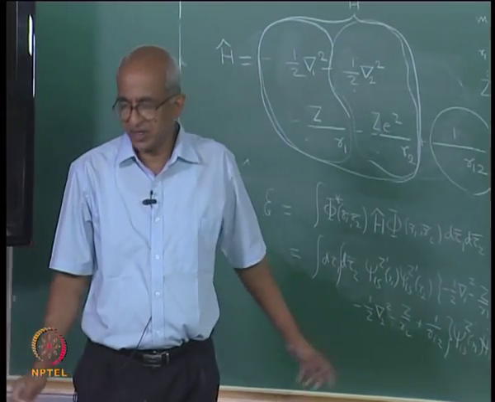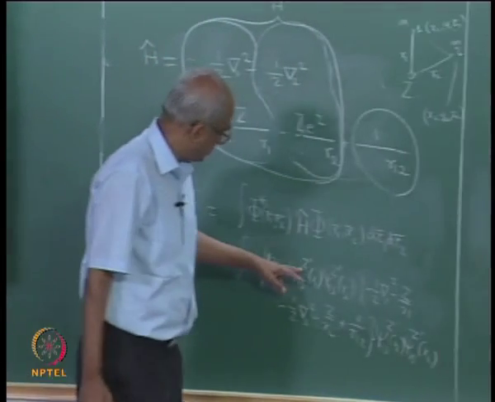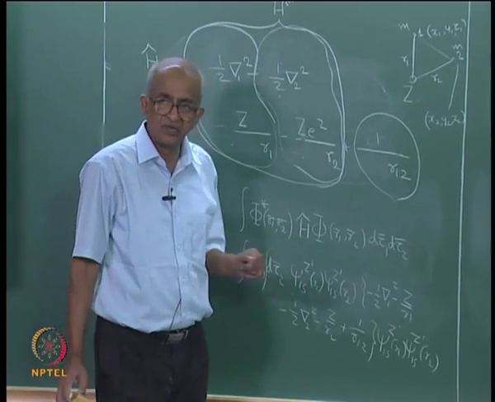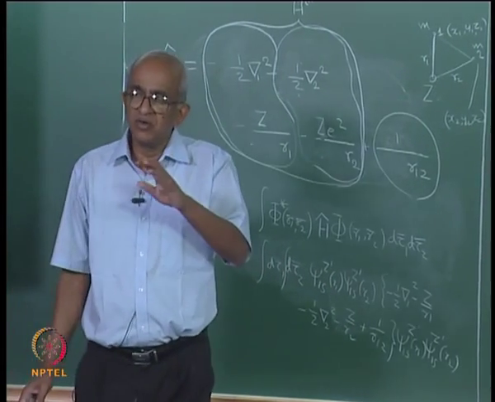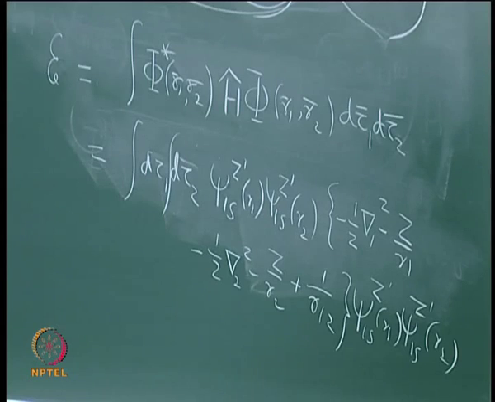This is the quantity that I want to evaluate, and you notice that this is dependent upon Z prime. So script E will be a function of Z prime, and you will find a value of Z prime in such a fashion that the energy has the least value. Okay. So, that is the procedure.